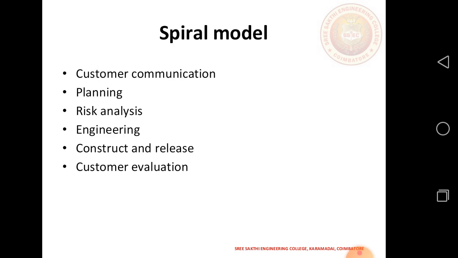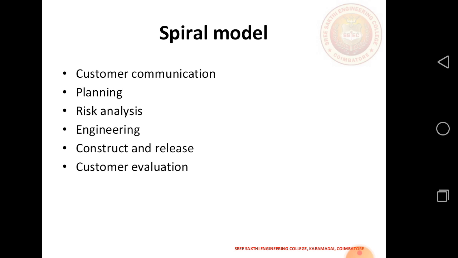The spiral model is classified into six phases: customer communication, planning, risk analysis, engineering, construction and release, and customer evaluation. The first phase, customer communication, is nothing but collecting all the requirements from the end user. Based on the requirements, you plan the process, and then analyze what risks are available in each and every phase.